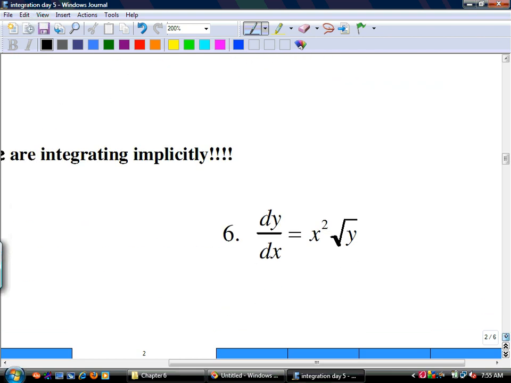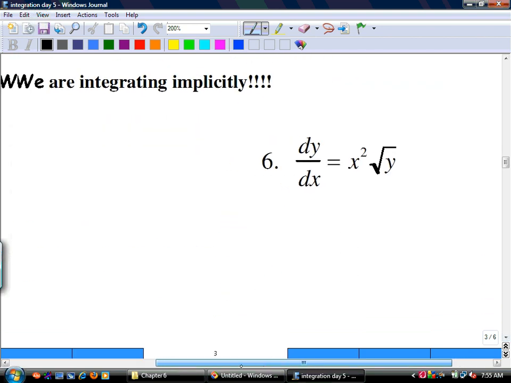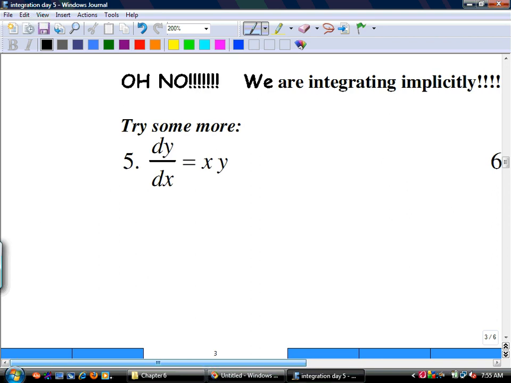Okay, so you're looking. Oh no, we're integrating implicitly. So you get dy over y equals x dx.